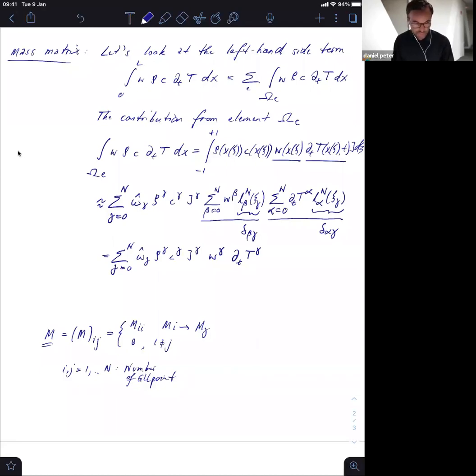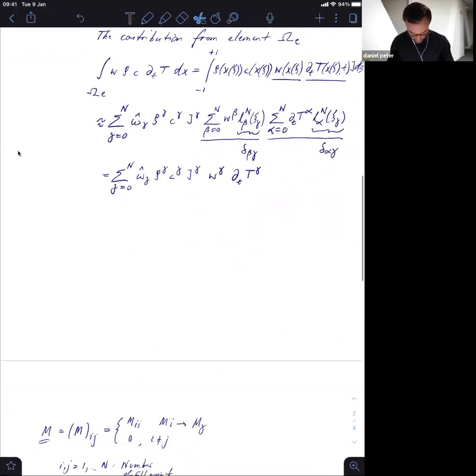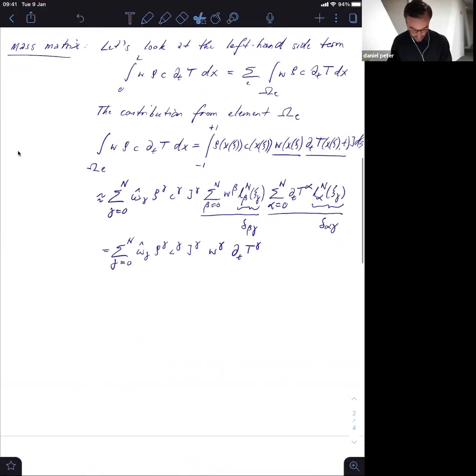We come to the matrix form afterward. Hopefully it becomes clearer as well to see how that will look like. Good. Let's put this somewhere for later. So right now we have the mass matrix contribution.